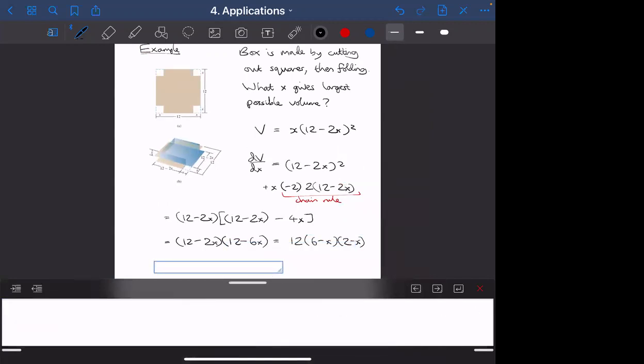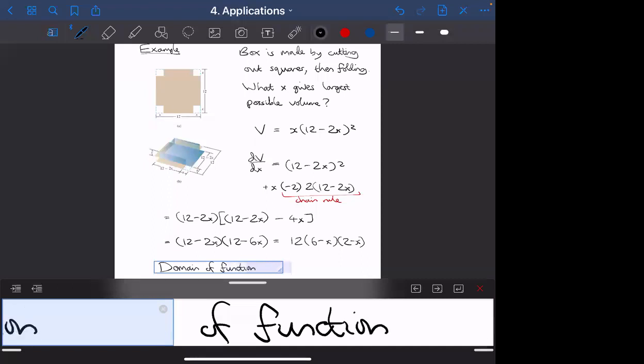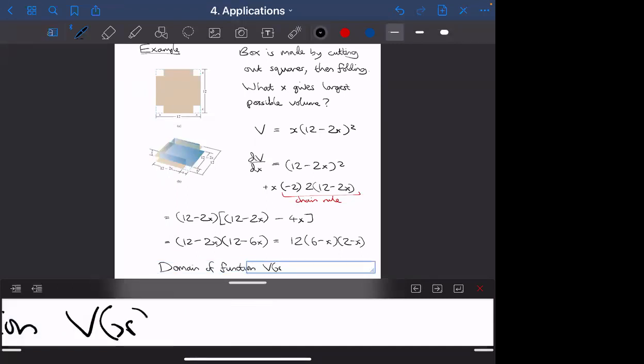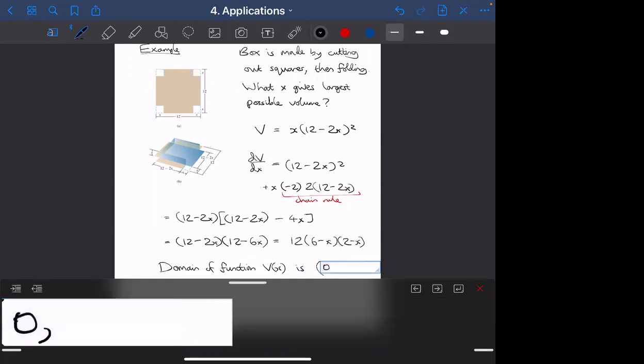So now, the domain of the function V of x is, well, x can be as small as we like, although I don't want it to be 0 because then the box wouldn't have any volume, and it can go up to 6.